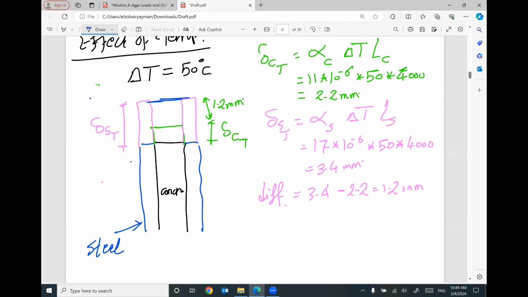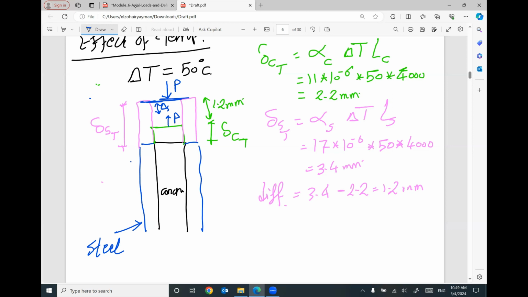We should expect an applied force P pushing the steel down by delta steel, and the same force P pulling the concrete up. Why the same force? To maintain summation F of i equals 0.